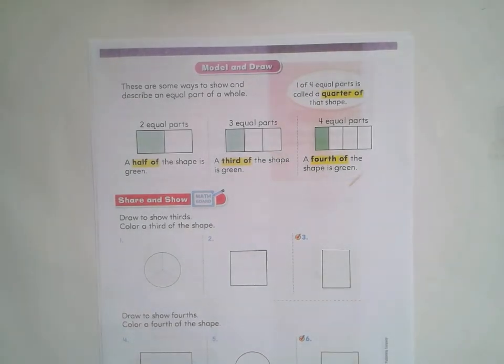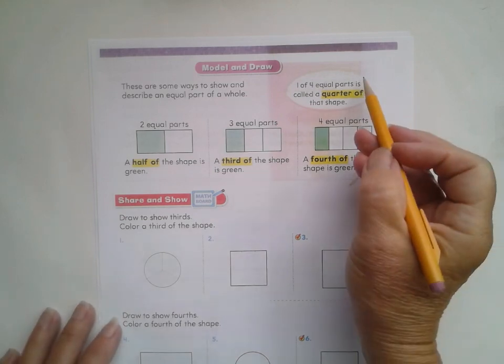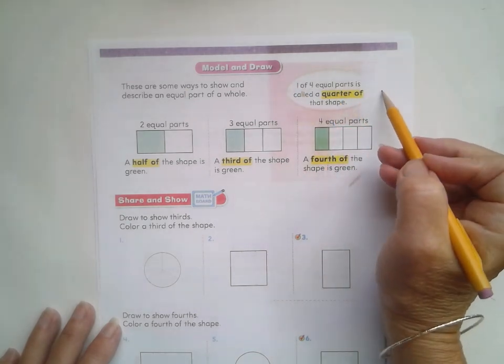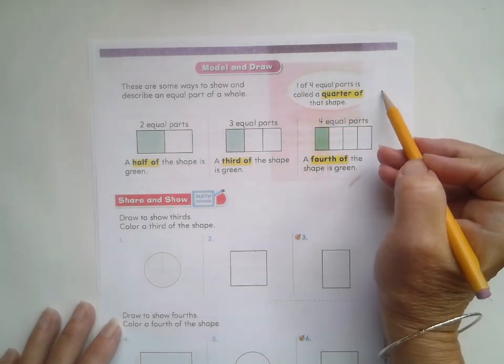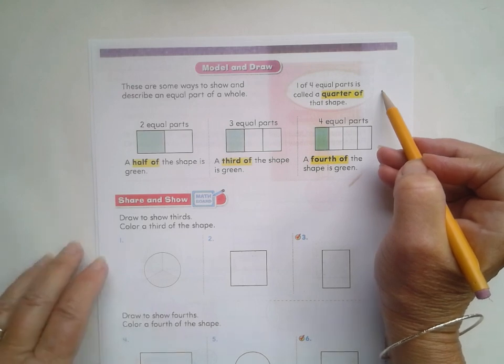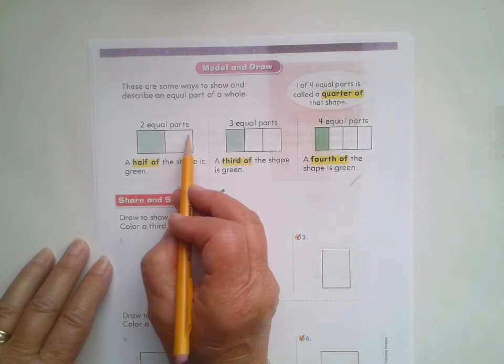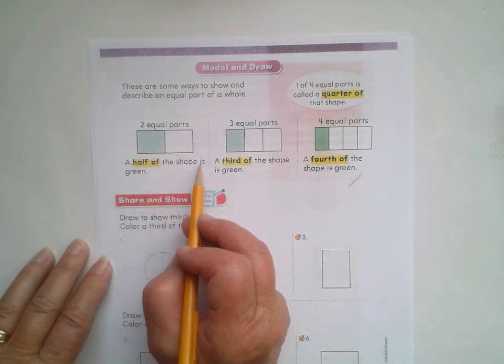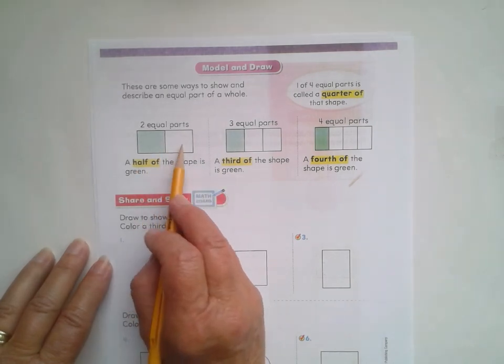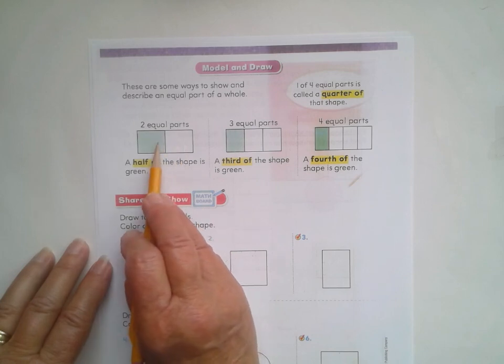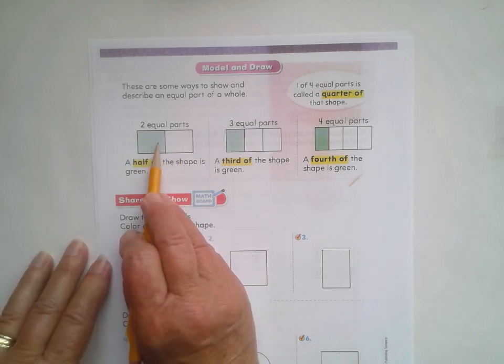These are some ways to show and describe an equal part of a whole. In our little oval out here, it says 1 of 4 equal parts is called a quarter of that shape. A quarter. 2 equal parts, a half of the shape is green. So there are 2 equal parts, so half of it is colored in green because we call those parts halves.